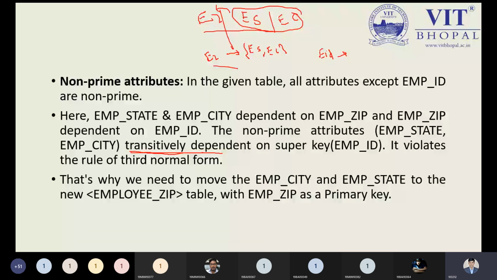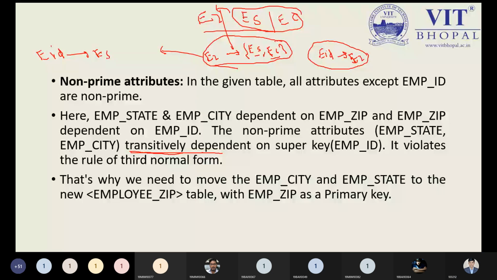Now see this dependency and this dependency. After seeing them, we can easily find the transitive dependency, and we can say employee state and employee city depend on the employee ID. So from this, employee ID determines employee state and employee city.